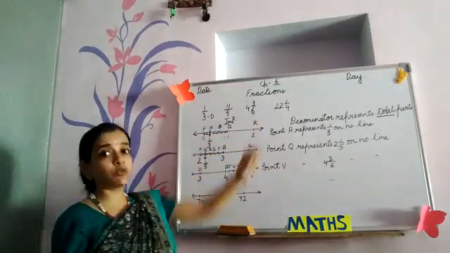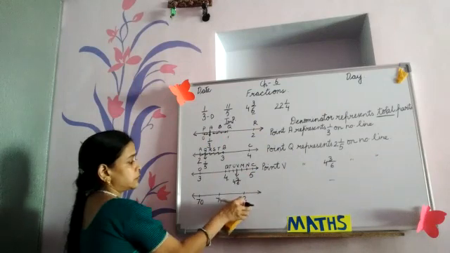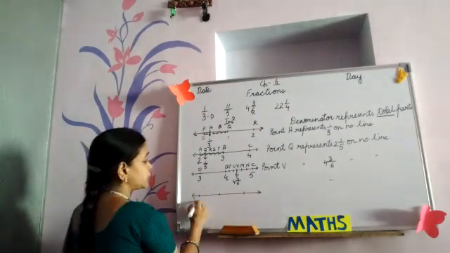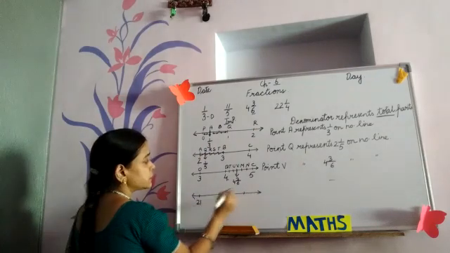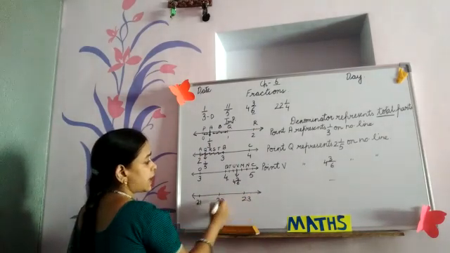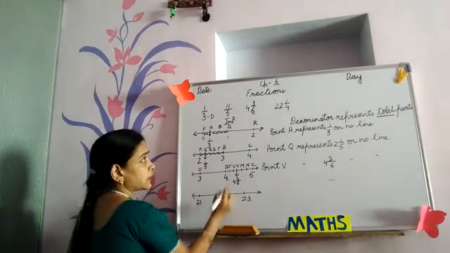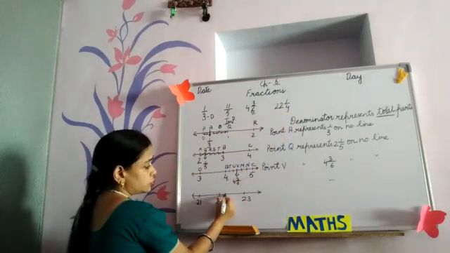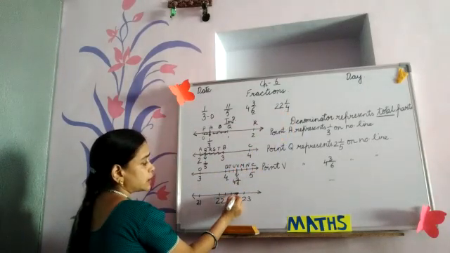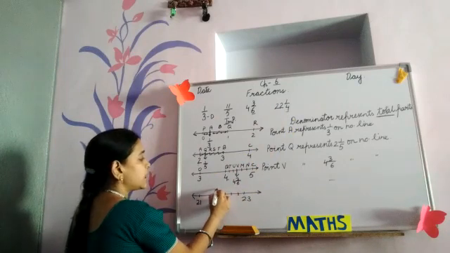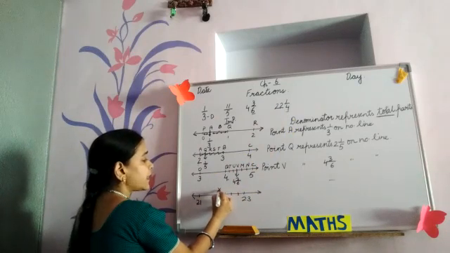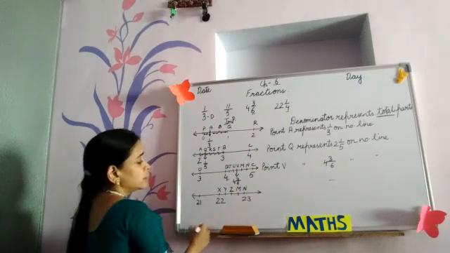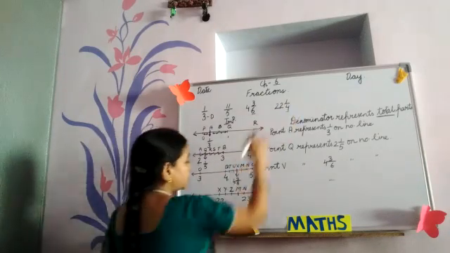Now the last one is 22 1/4. So let me change the numbers. It is 22. So I am writing 21, 22, 23, and it will be between 22 and 23. How many total parts are there? 4. To get 4 parts, we have to mark 3 more points, and I am giving them name X, Y, Z, M, N. Now we have to represent first part.